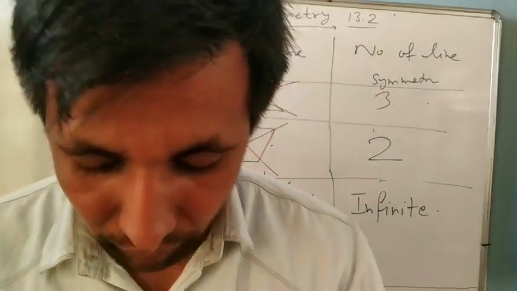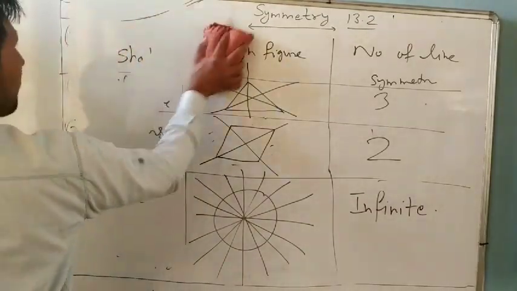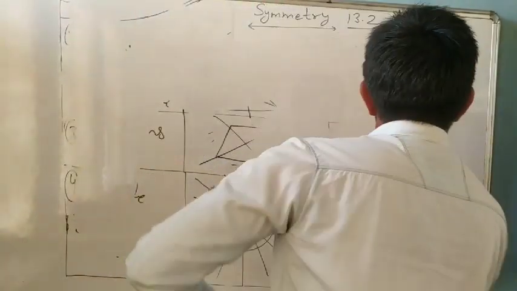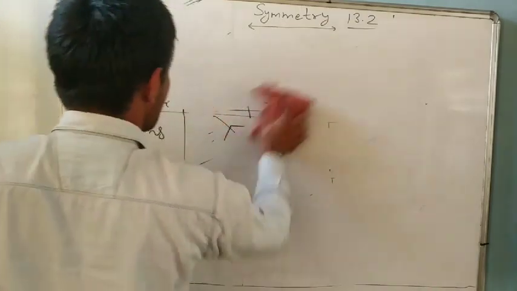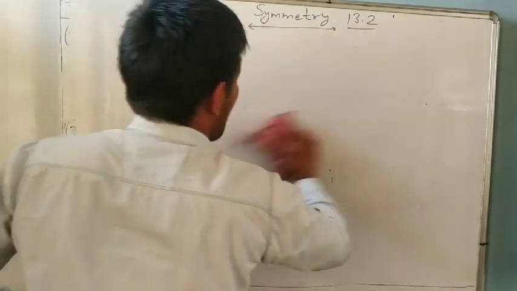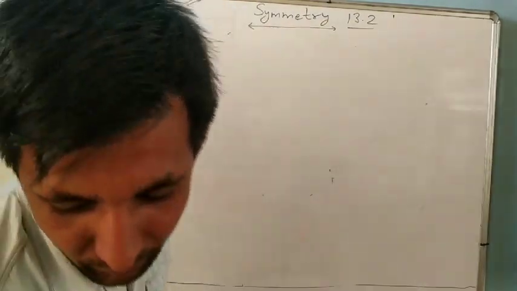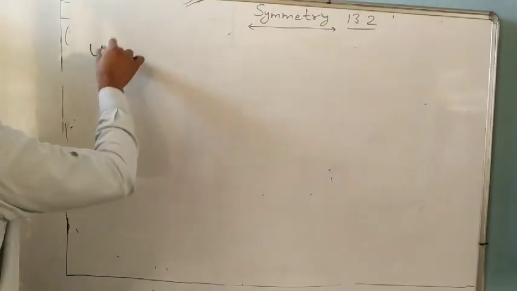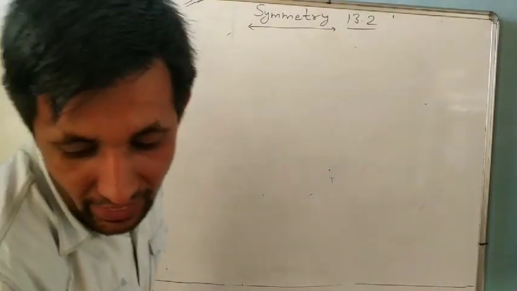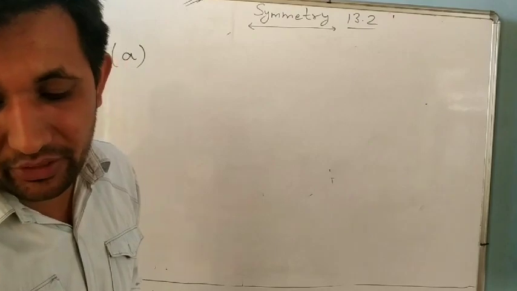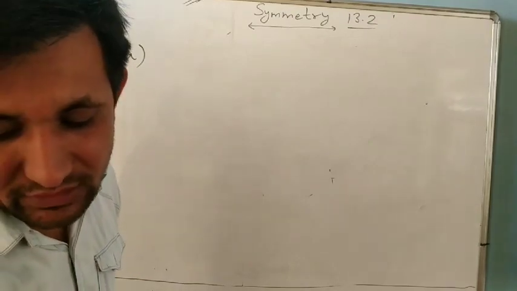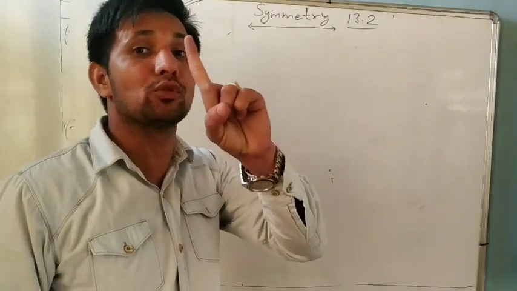Now question number 4. Question number 4 is based on questions 2 and 3. So tell me, first figure, first part: exactly one line of symmetry. Can you draw a triangle which has exactly one line of symmetry?